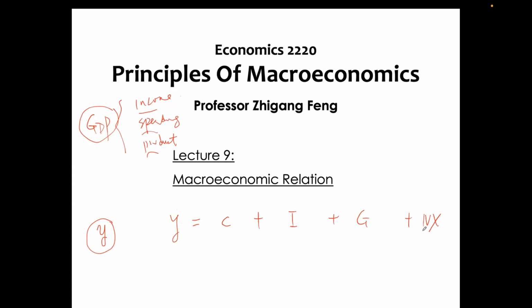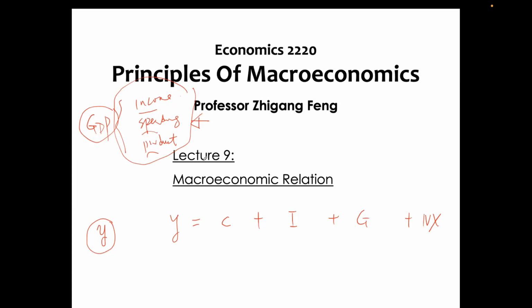Anyone remember where we come up with this equation? The hint is here. Where do we come up with this equation? This is how we measure GDP through expenditure, right?